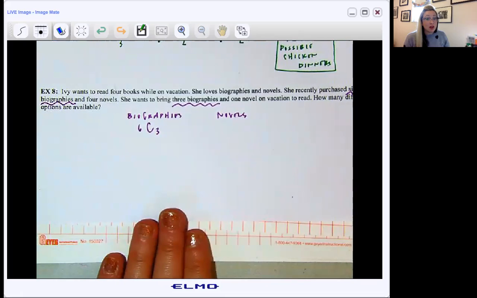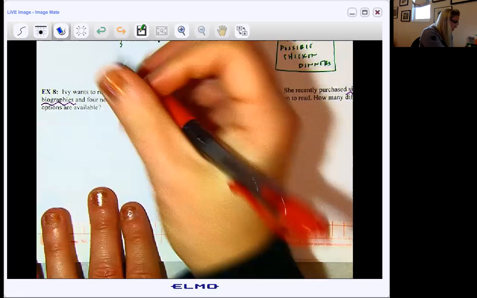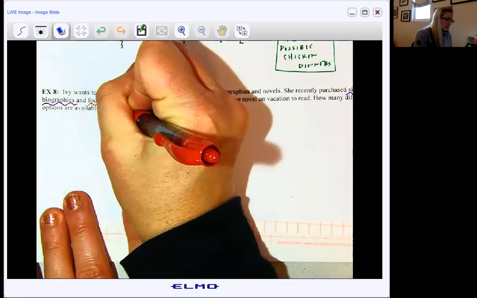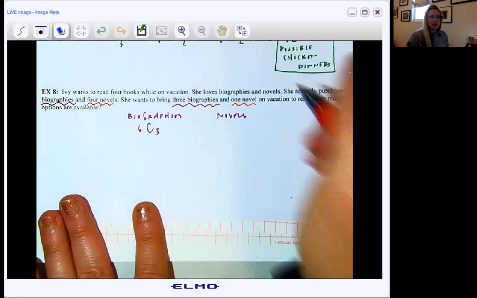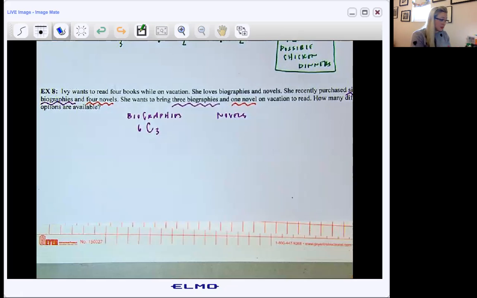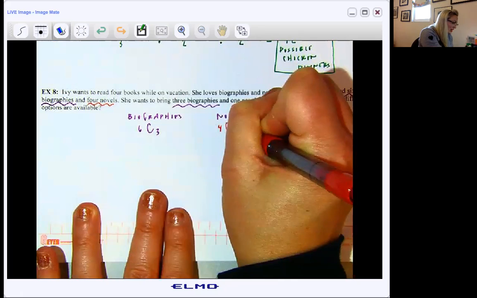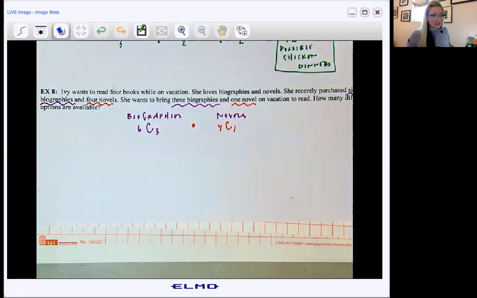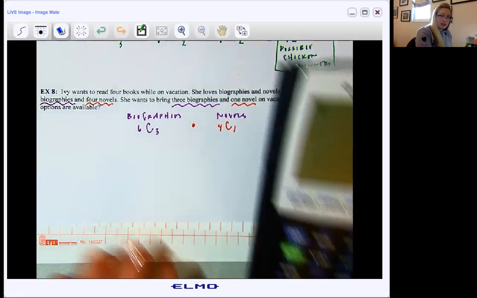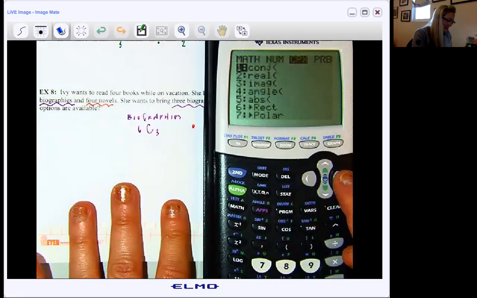And then novels. For the novels, she has 4 that she purchased, but she wants to bring 1. So out of the 4 available options, she's choosing exactly 1. And then we're going to multiply. So we need to know what is 6 choose 3. Here's 6, math, probability, combination.